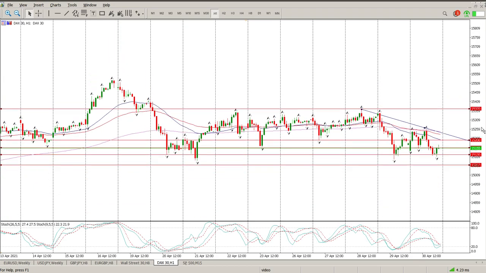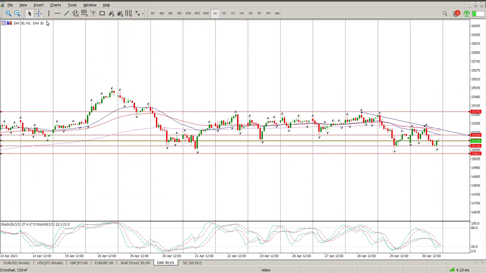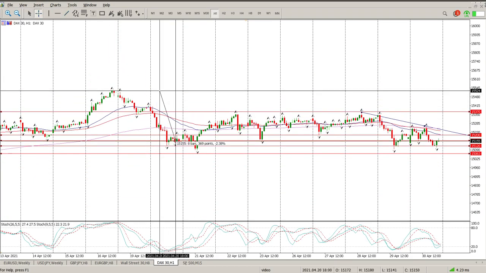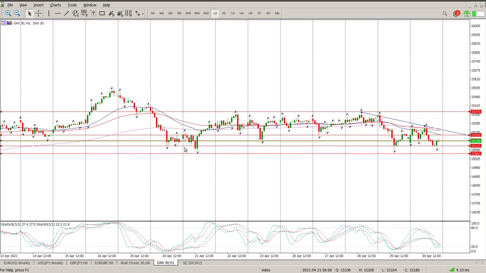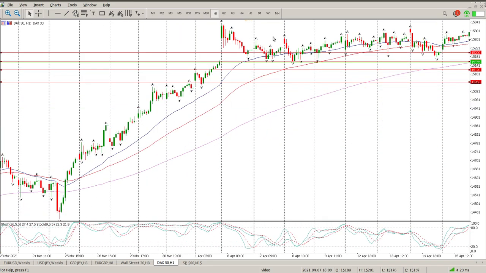If that does happen, you have a downside target of around 400 points. But if you look at the structure all the way down, you've got lots of gaps.